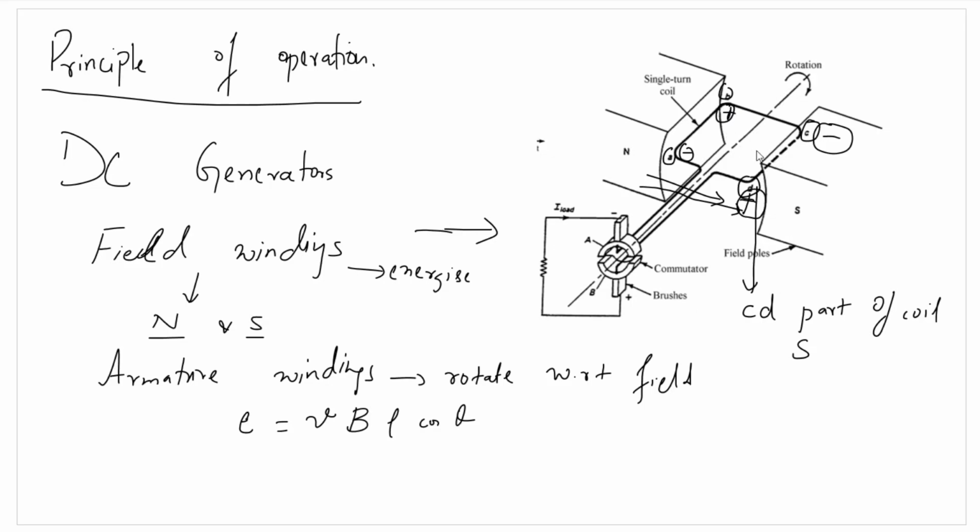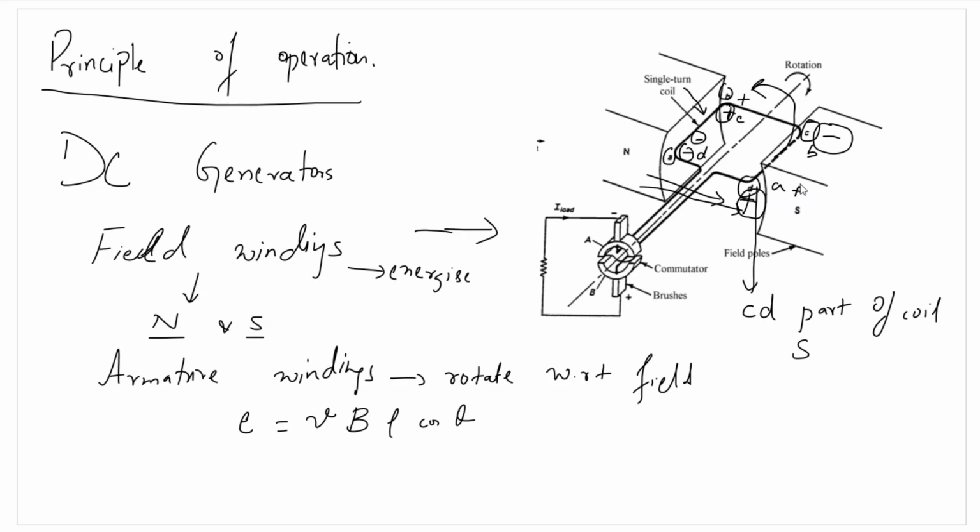Now, after 180-degree rotation, once this conductor rotates by 180 degrees, the CD part of the coil will be here. That means C will be here, D will be here, and AB will shift to this direction. Because CD is now under the north pole, a positive voltage will be applied here and a negative voltage here.